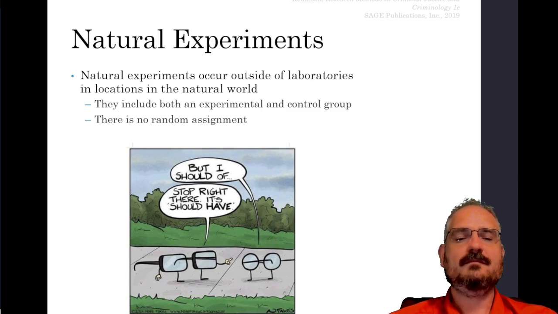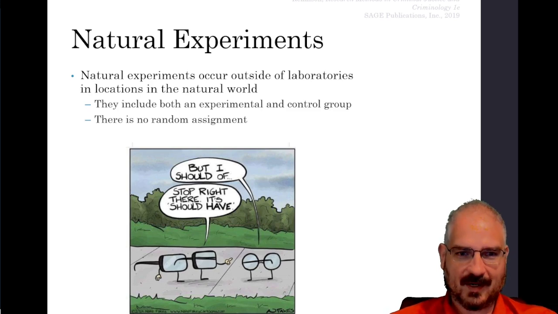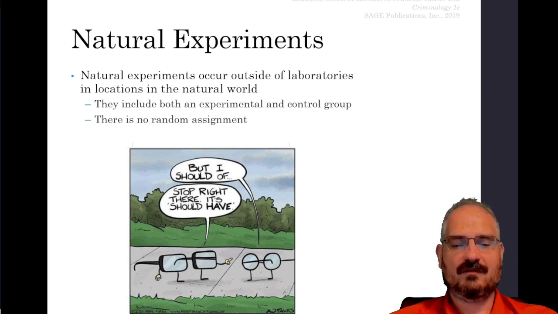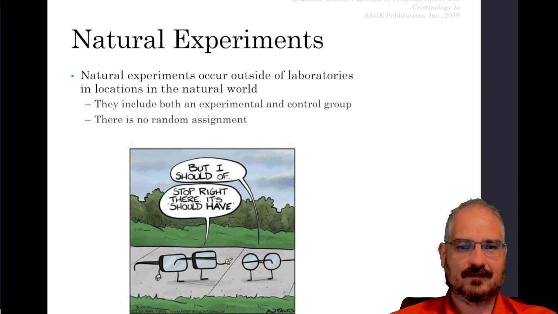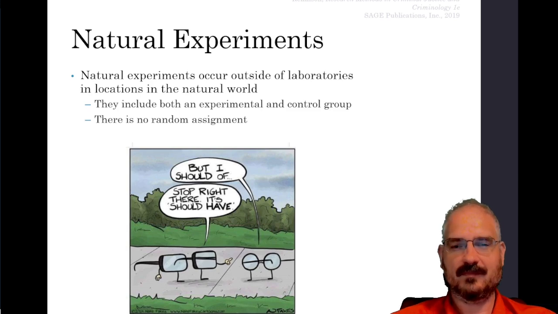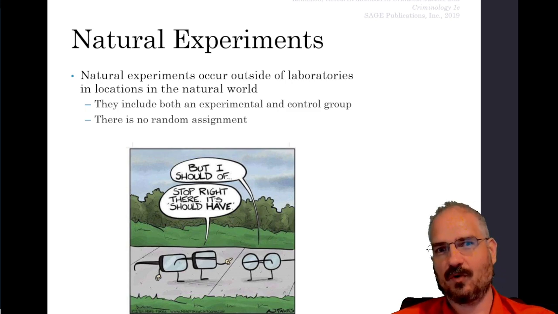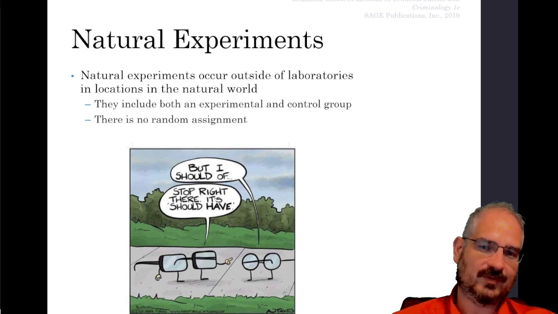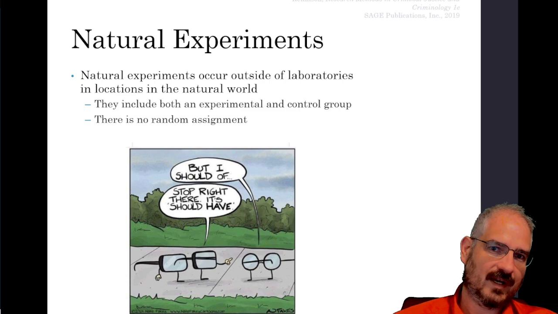So natural experiments are just things that happen in the world, right? So maybe you have two elementary schools in a certain city, and they're very similar, but one of them gets a new principal. And we see whether test scores rise or fall compared to the other elementary school that didn't get a new principal, right?